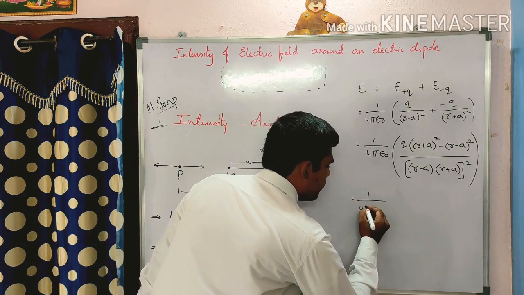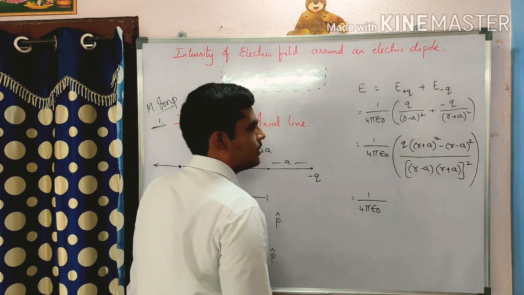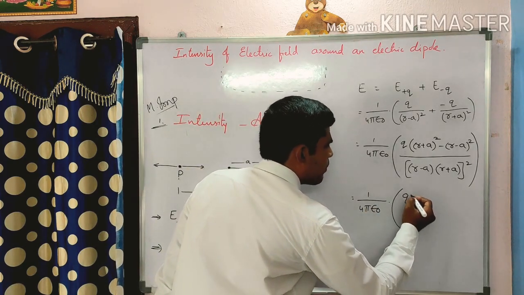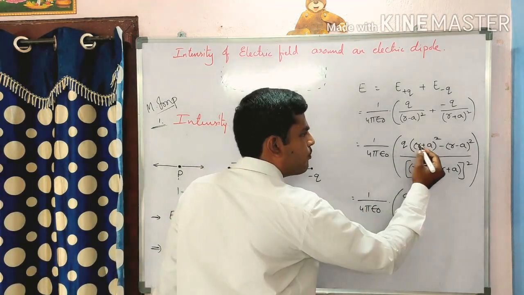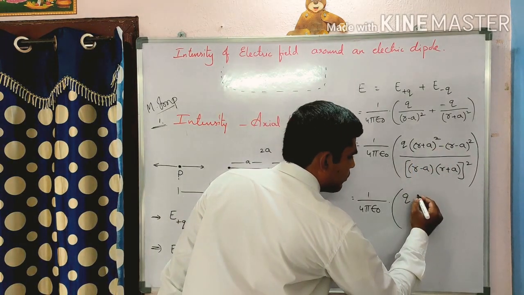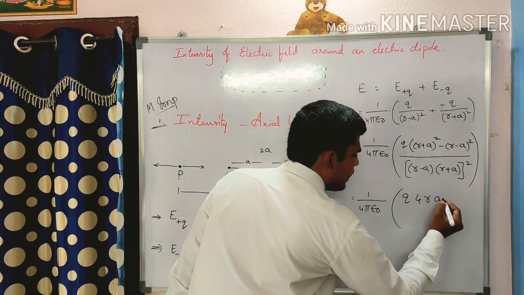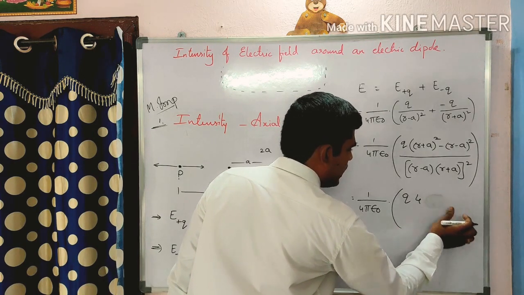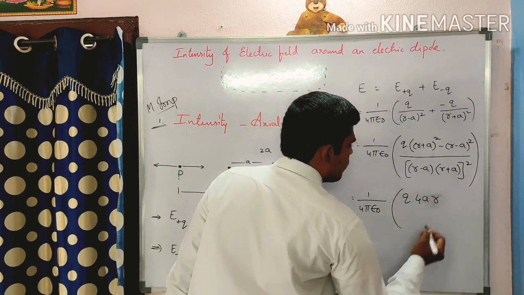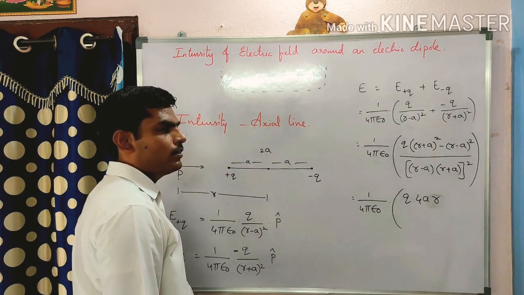So 1 by 4 pi epsilon naught, Q, 4AB, that is 4RA or 4AR.